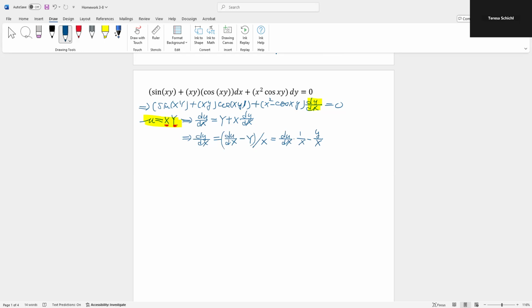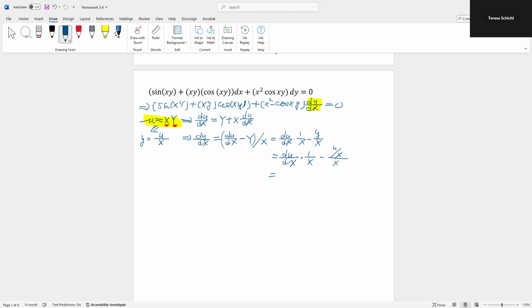So remember, my goal is to try to change it to all u and x. So u is equal to x times y, right? So what is the y going to be? Y is going to be u divided by x. Okay, so now I can replace this one as du dx times 1 over x minus, and here the y is u over x.